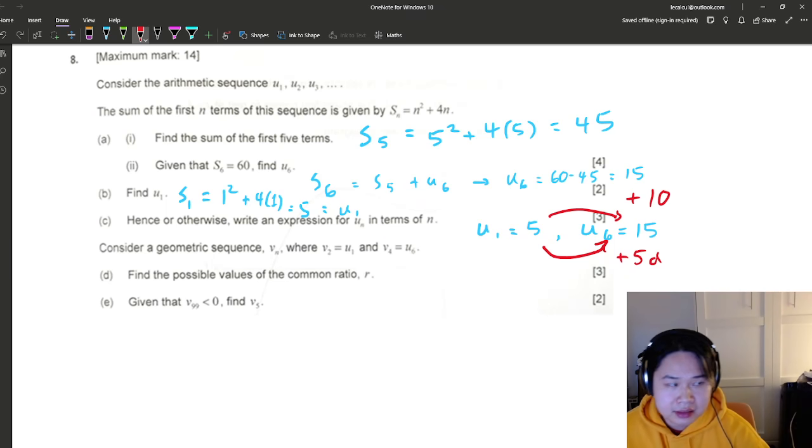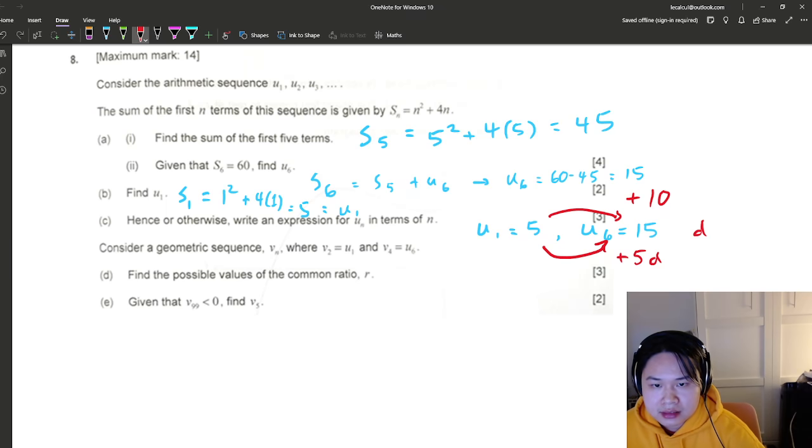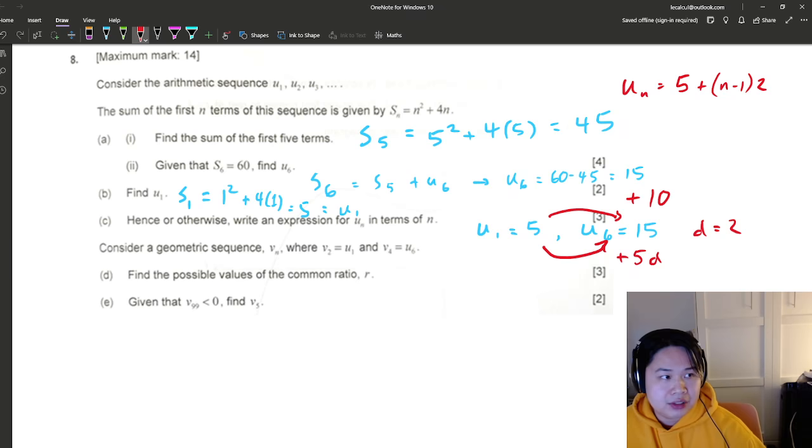So that means that a single difference needs to be 2. And then that means that Un is U1, 5, plus n minus 1 times d, which is 2. So there you go, there's Un over there.